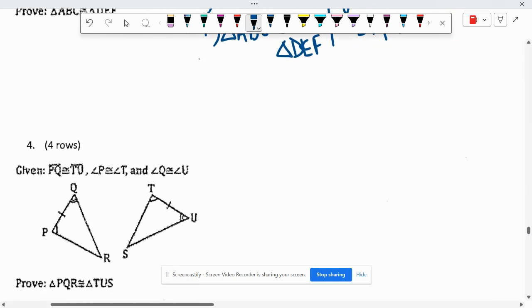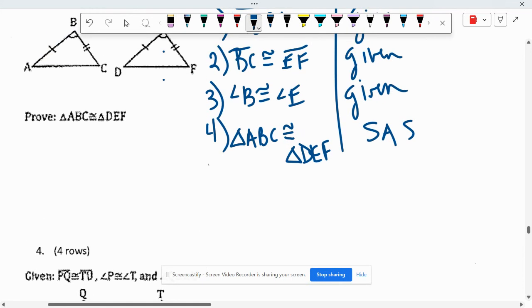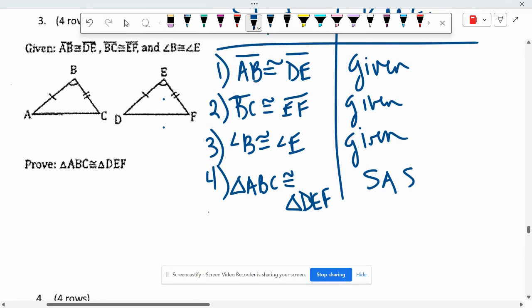Can I change something? I'm sorry, I'm going back to it. So for the next one, number 4, at the bottom of number 4, where it says prove triangle PQR is congruent to triangle TUS, cross that out. We're not proving that.